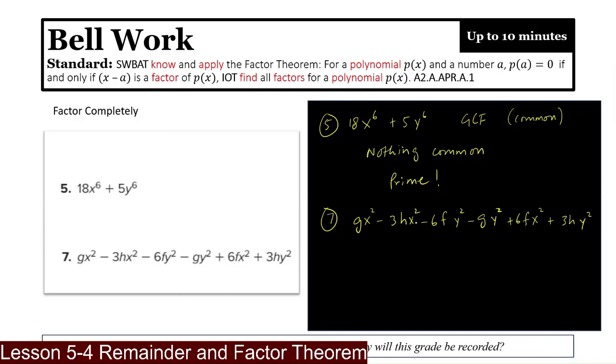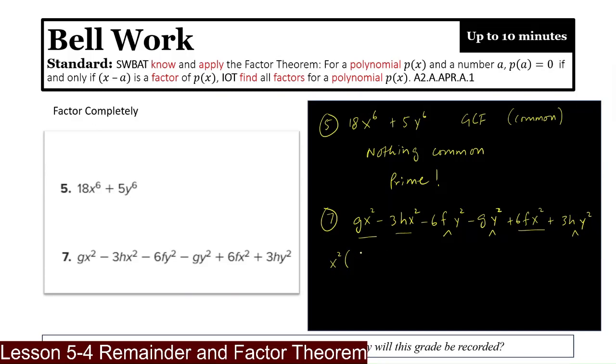Well, do these terms have something in common? Yes. This term and this term have x squared in common. This term and this term have y squared in common. So let's take care of the x squared first. I'm going to take out the x squared because it's common in all three of them.